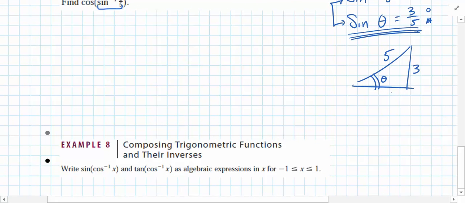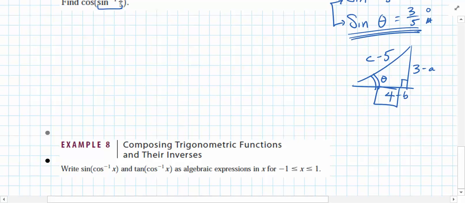It wouldn't take much for us to find this missing side length to be 4. This is a 3, 4, 5 triangle. If it wasn't that obvious, then we'd employ the Pythagorean equation, A squared plus B squared equals C squared, to find this missing side.